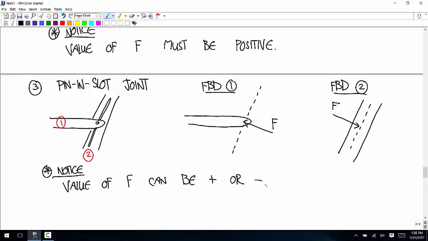Okay, those are the 3 least restrictive joints. Now we're going on to joint category 2.